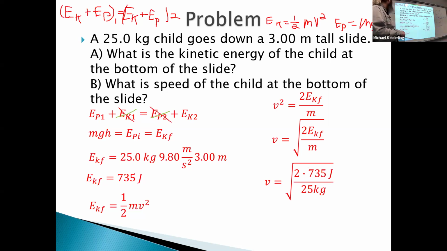So we take the kinetic energy, 735 joules, 2 times 735 joules divided by 25 kilograms, and when we take the square root of that, we get about 7.67 meters per second. So you slide down a 3-meter high frictionless slide, you'll be going at a nice quick pace.